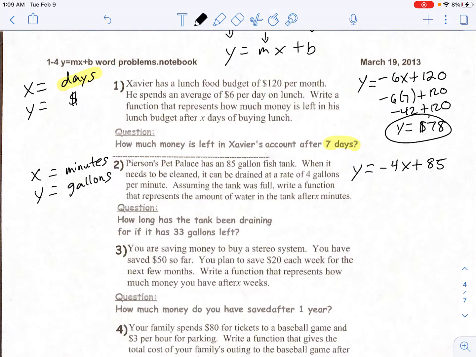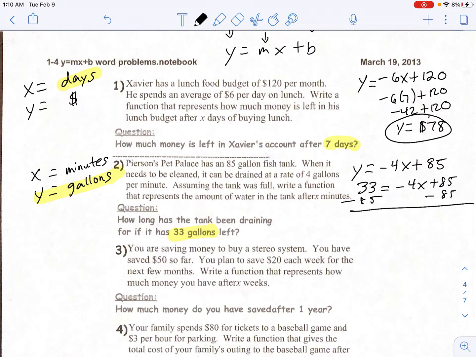Any problem that it wants. It says, how long has the tank been draining if it has 33 gallons left? 33 gallons. Gallons is our Y label, so we're actually going to plug in for the Y label this time. So we're going to plug in 33 equals negative 4x plus 85 and solve for x.